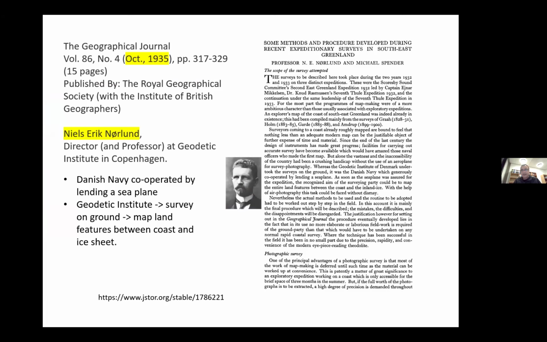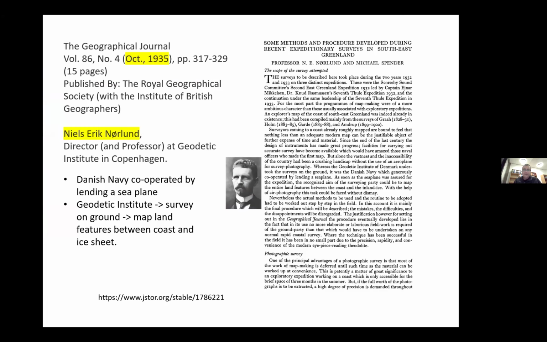This is a paper. It was published in 1935 by Niels Erik Nordlund. And Niels was the director of the Geodetic Institute and also professor. He was a mathematician, and he wrote this paper.